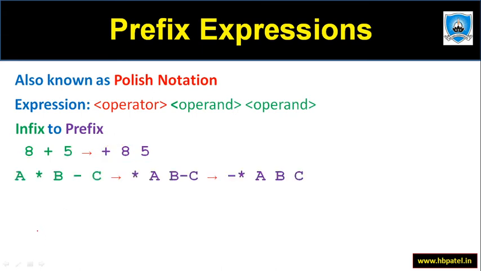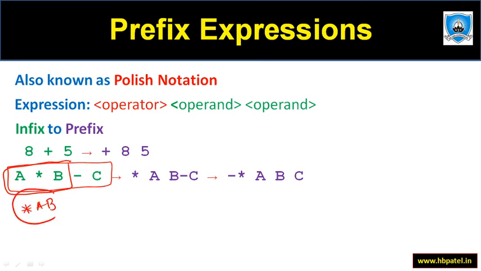Now next is a little more complex one, a multiplied by b minus c. The precedence of multiplication is higher than minus. So let us first evaluate a multiplied by b. Multiplication would come first and then a b. Now if I replace the whole thing by, let's say, x, the expression is x minus c.